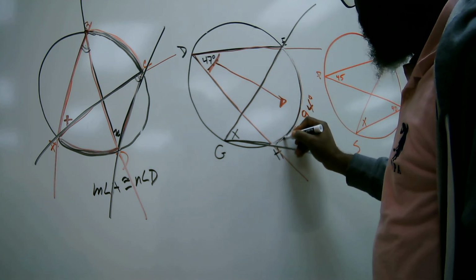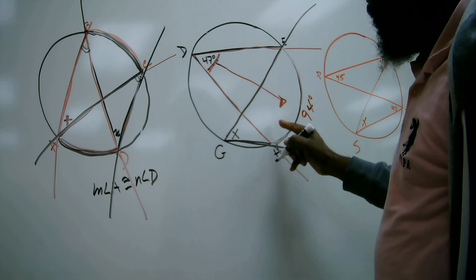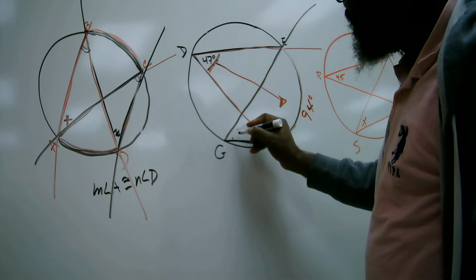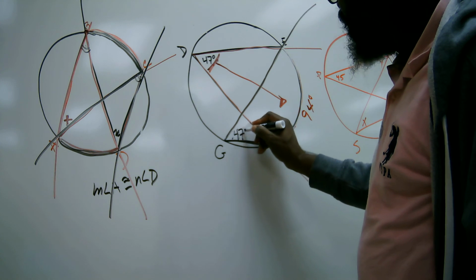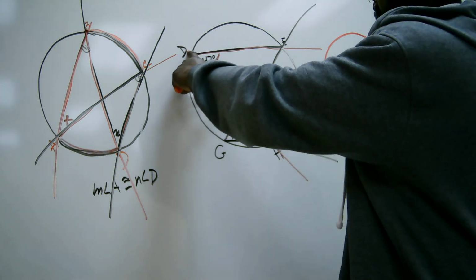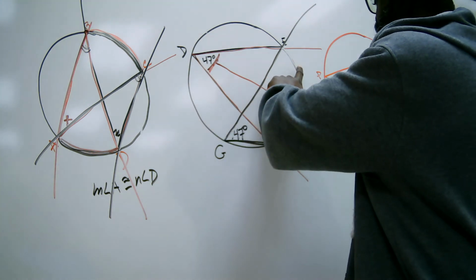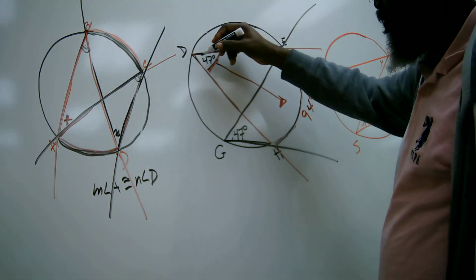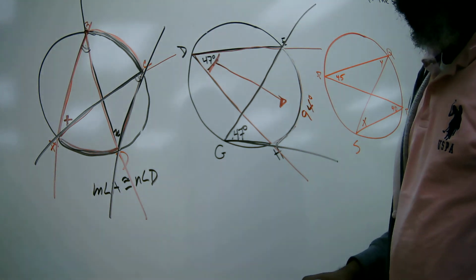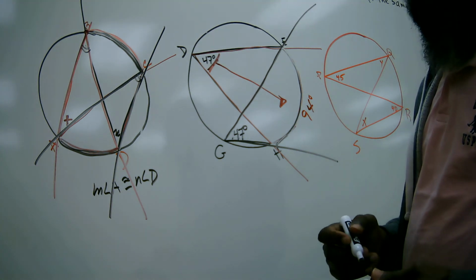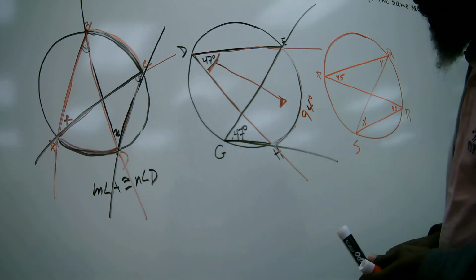In order to find the inscribed angle, I will take half of 94. Half of 94 is 47. Therefore, this proves that angle D and angle G are congruent because they share the same intercepted arc. Any inscribed angles that share the same intercepted arc will be congruent. So this is the moral of the story.